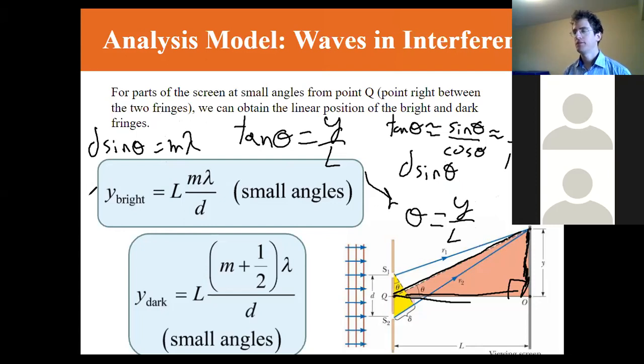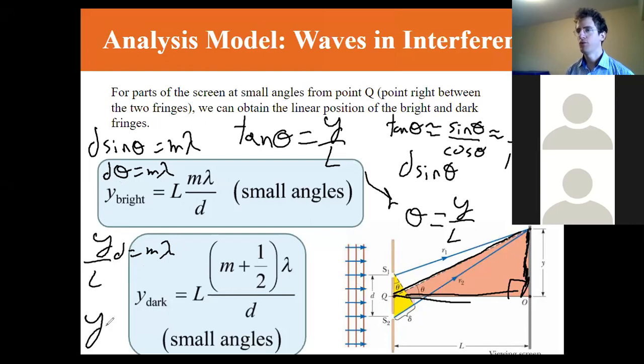So using the small angle approximation, this becomes d theta equals m lambda, and we can write the angle theta as y over L. So d times y over L equals m lambda, and you end up with the condition for a bright fringe: y equals L m lambda over d.